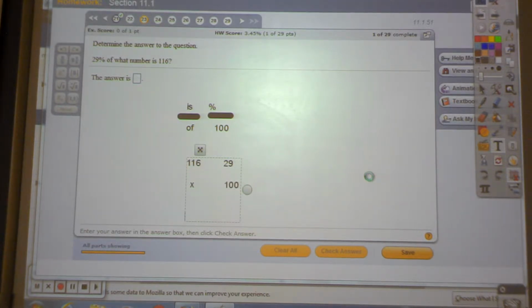Crisscross, that'll be 29X is equal to 11,600. And divide that out.